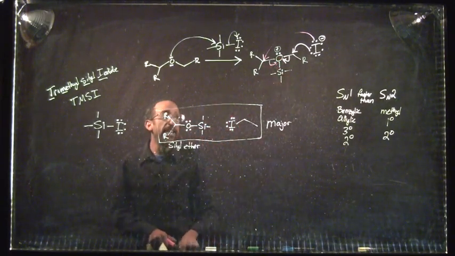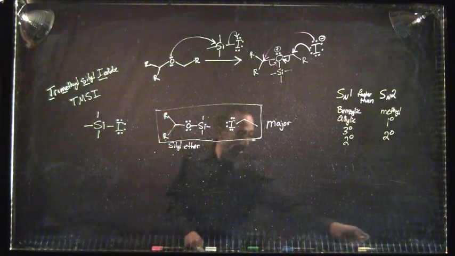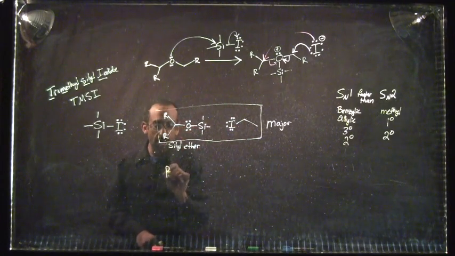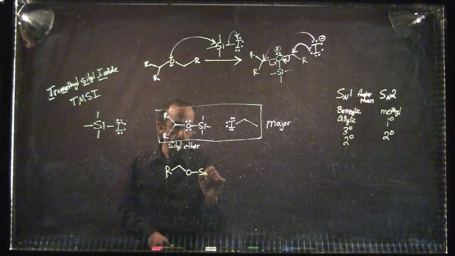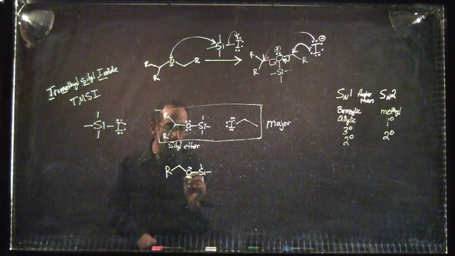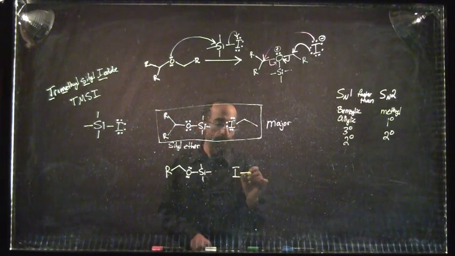And we're going to get a different set of molecules as our minor products. This time, we're going to form a primary silyl ether and a secondary alkyl halide.